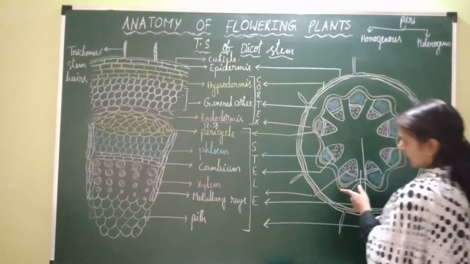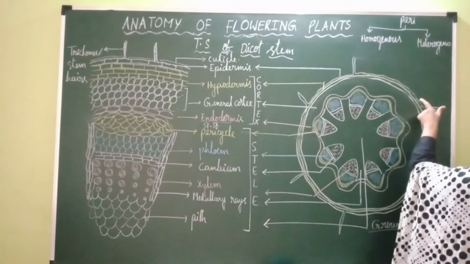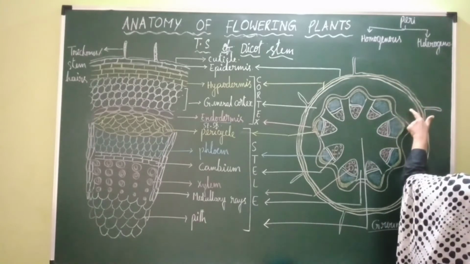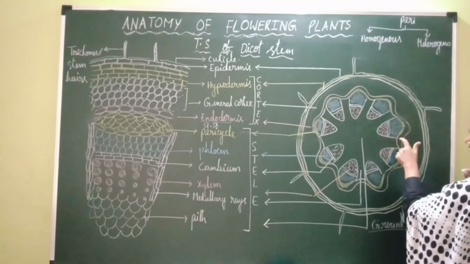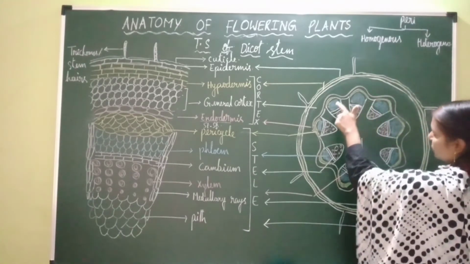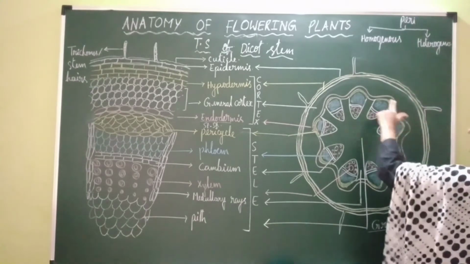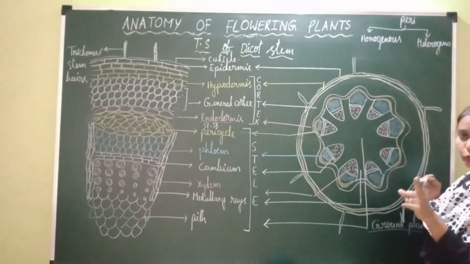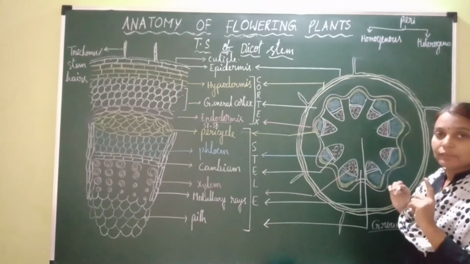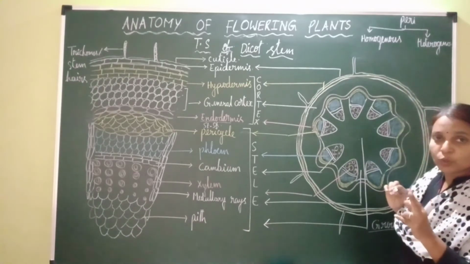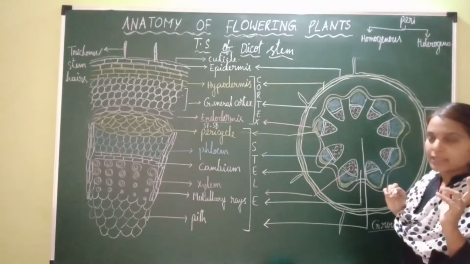Look at the diagram: epidermis, hypodermis, cortex, the pink colored one, endodermis, followed by pericycle, which is present above the vascular bundles, right? If the entire pericycle is made of only one type of tissue, that is called homogeneous pericycle. If the pericycle is made of two types of tissues, that is called heterogeneous pericycle.